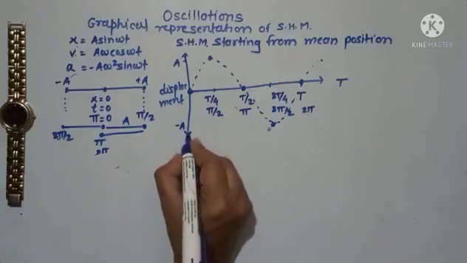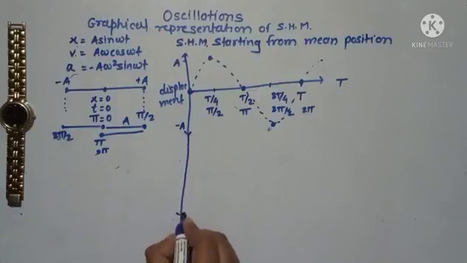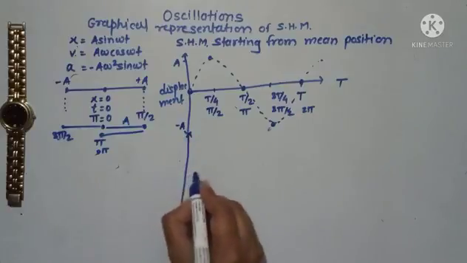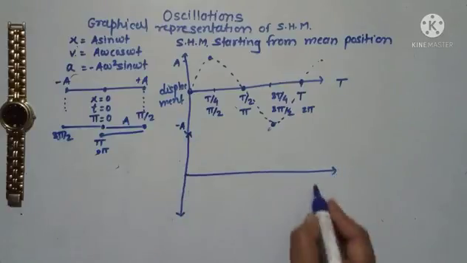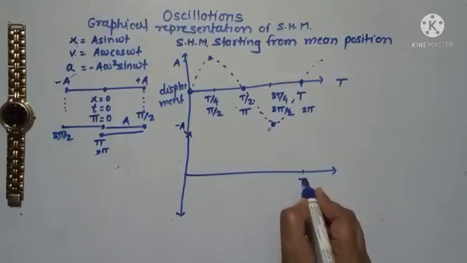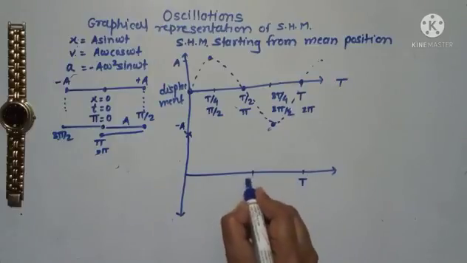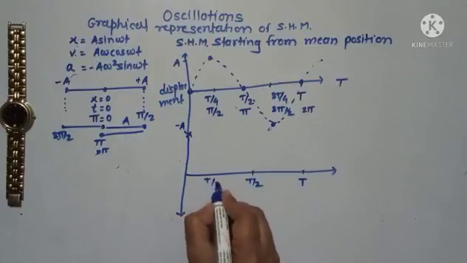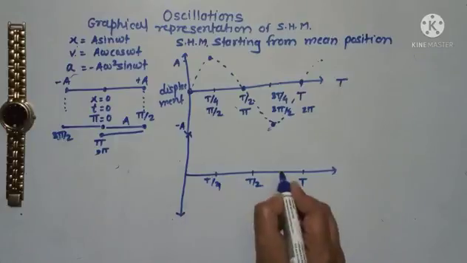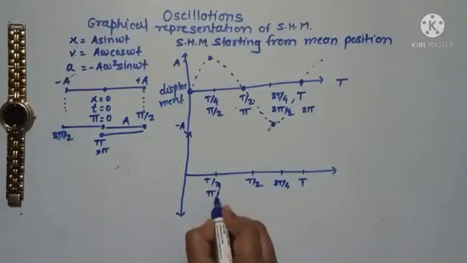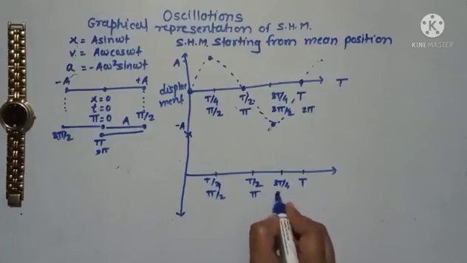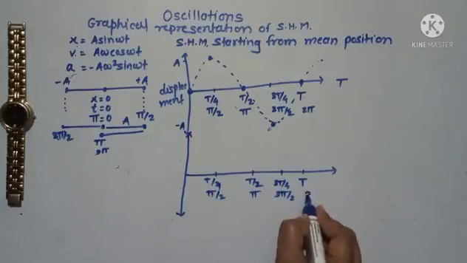Now if I try to plot the velocity, the same graph will be there. So this is T, and this T again is divided by T by 2, T by 4, and 3T by 4, which is related to pi by 2 phase, pi phase, 3 pi by 2 phase, and 2 pi phase.